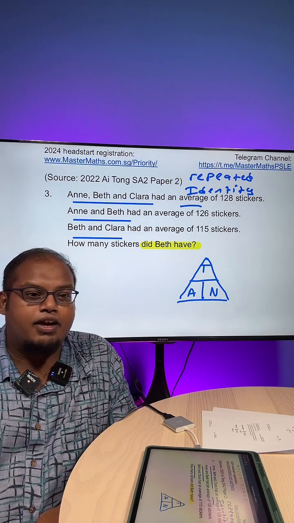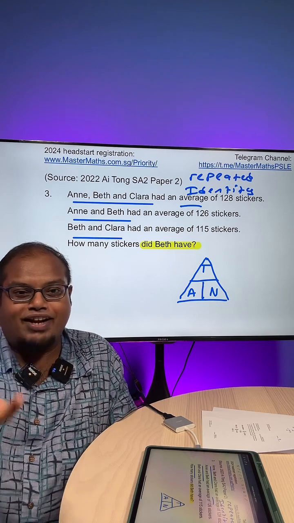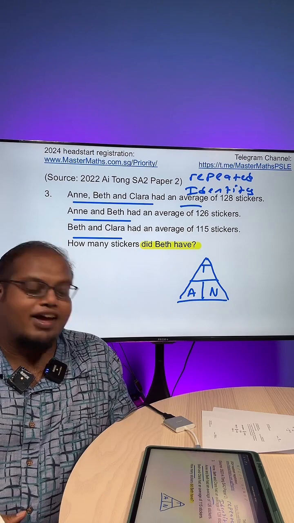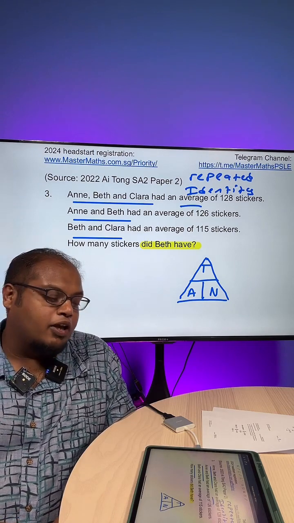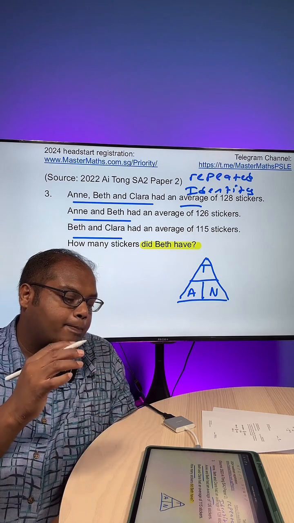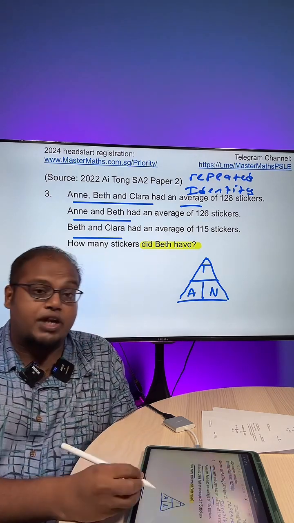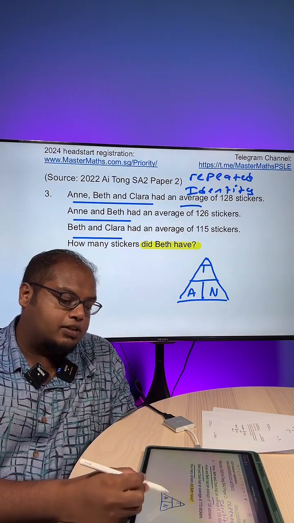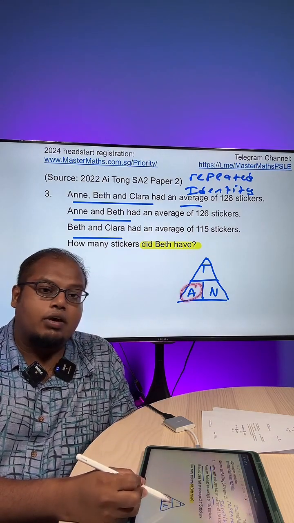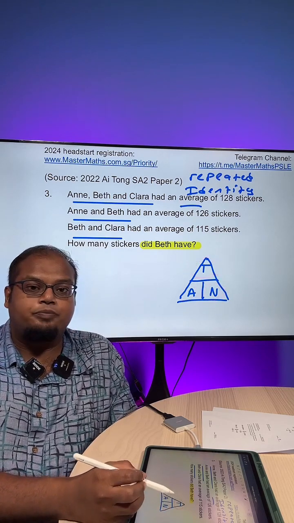I already see some of you got the correct answer, and some of you are even writing some of the correct first steps there. Good job, good job. So for this, like what I showed you just now, the triangle, what we have is the average, we have the number. What we are missing is the total.